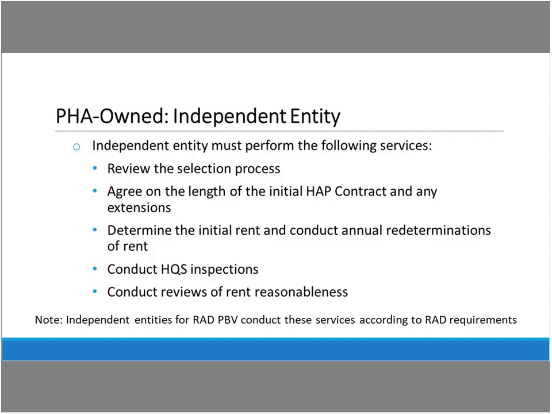And on the contract terms, that's probably the one of all of these that is mostly a given. Your contract term is going to be between 15 and 20 years. The HQS and the rent reasonableness need to be outsourced, so those need to be done by an unrelated party. Okay, thank you.